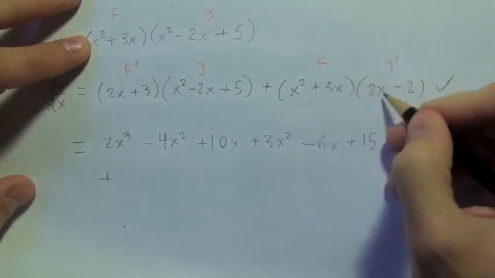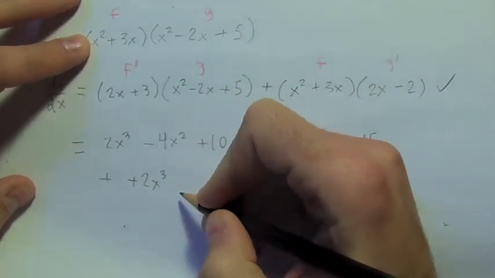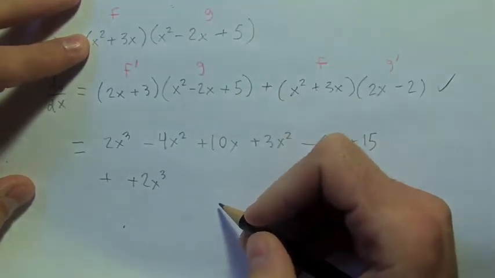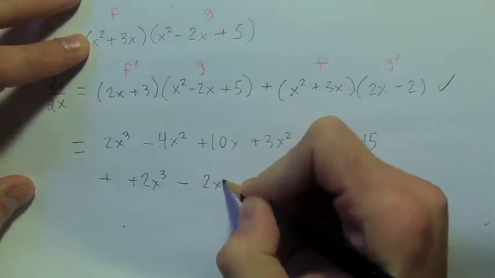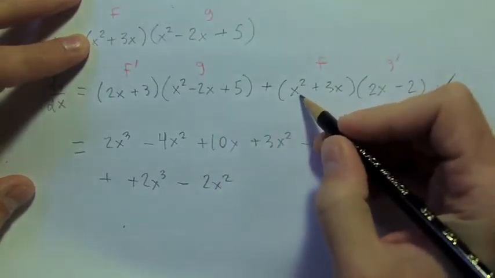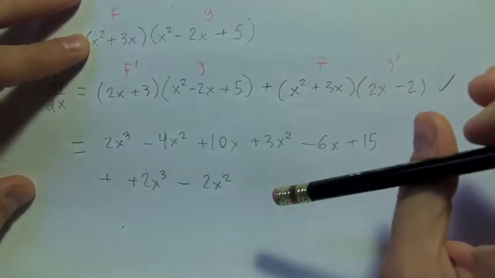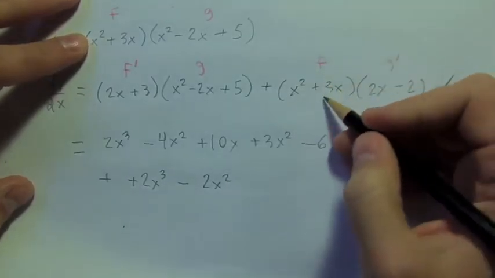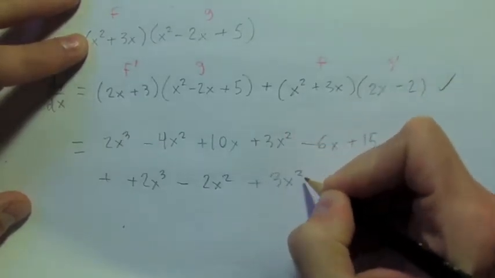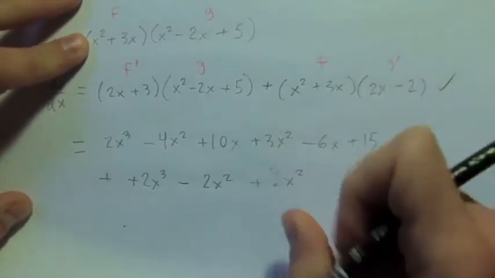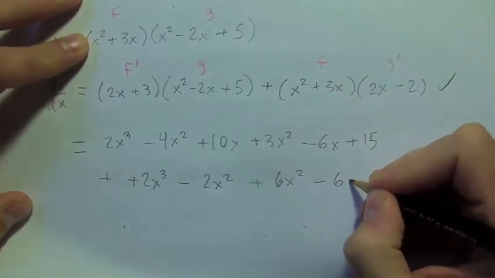So when you distribute the x squared, you'll get plus 2x cubed minus 2x squared. Okay. Then I distribute the 3, so I'll get plus 6x squared, and then minus 6x.